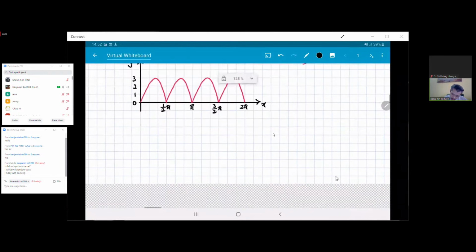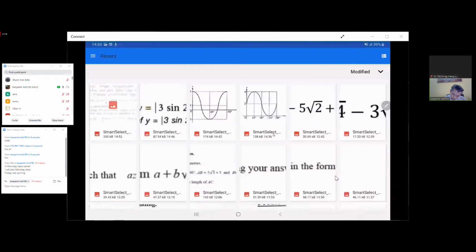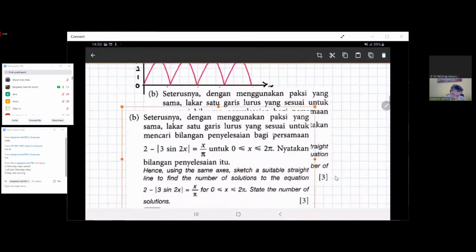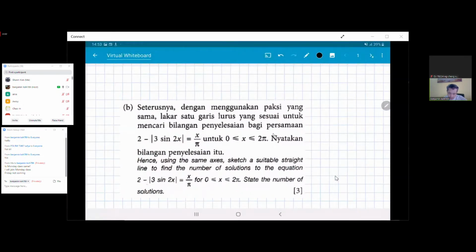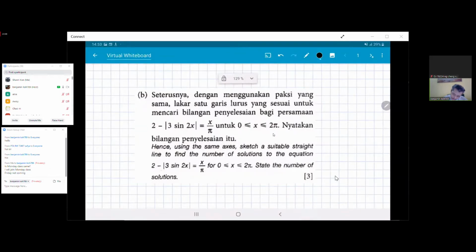Now here's the thing. In part B of your question, they give you this equation. Nampak? This is the equation given. It contains pi, and it says you need to draw a straight line, lukis satu garis lurus, or in the English version, sketch a suitable straight line. Now, here's the problem.